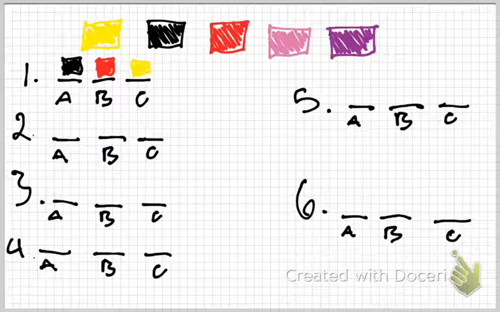Once I exhausted the total number of permutations for that specific combination, I could have gone to a different combination and done that all over again. So look, in this example, right now, I chose the combination red, yellow, black.